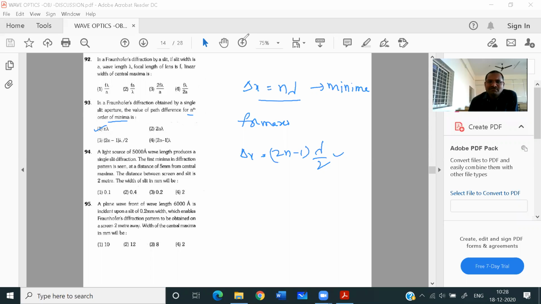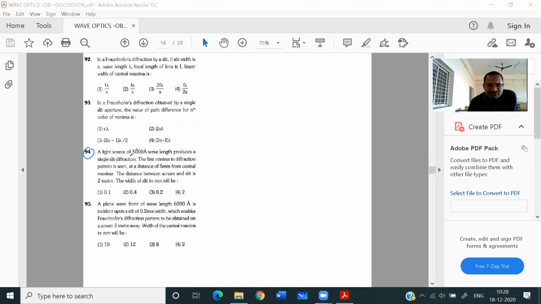Next, question number 94. A light source of 5000 angstrom wavelength produces single slit diffraction. The first minima in the diffraction pattern is seen at a distance of 5 millimeters from the center maxima.